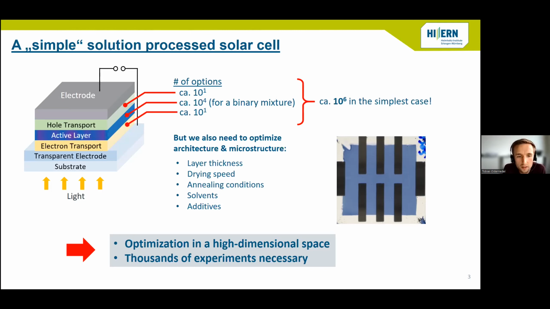So in the end, we have a high dimensional space, and we want to find the best solar cell in a fast time, and we don't want to make too many cells. So I don't have the answer for this problem, but I maybe have a way to find a good solar cell in a fast way.